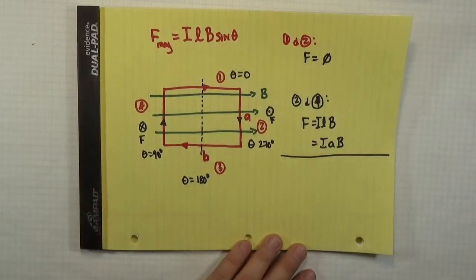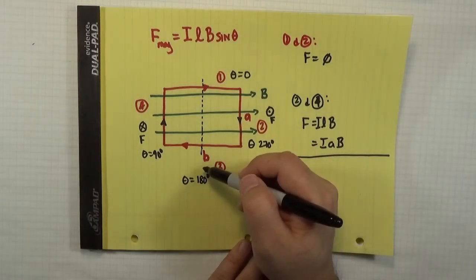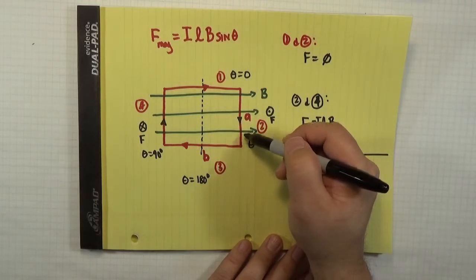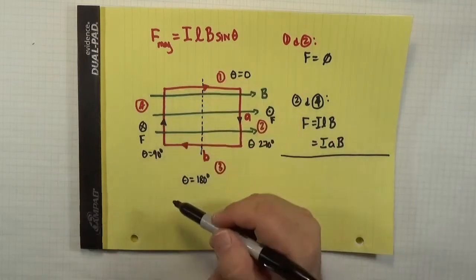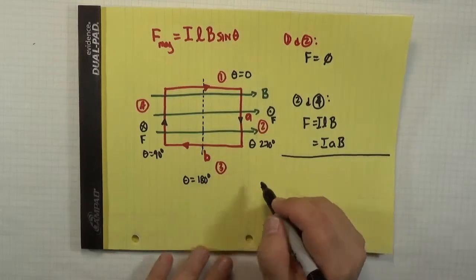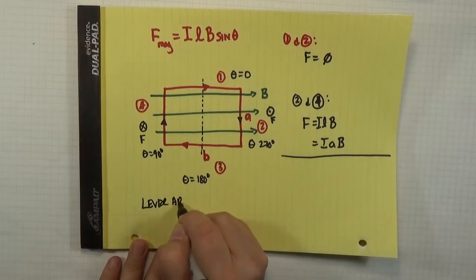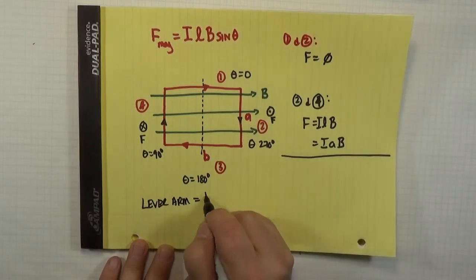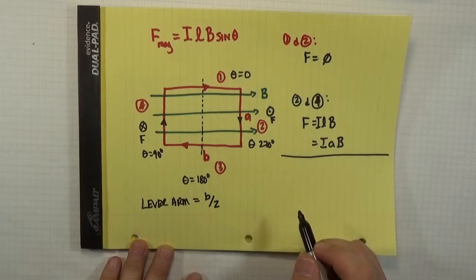And so if I take that center line, the lever arm, that is the distance from the axis of rotation to the place where the force is applied, in this case, the force is applied on the current over here on the edge of the loop, or on this edge of the loop. That lever arm, for both forces, the force on this side or on this side, is half the length of the loop.